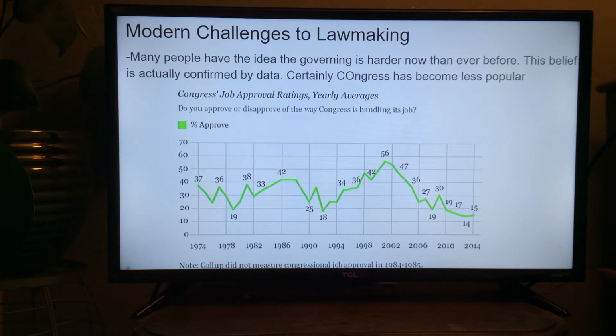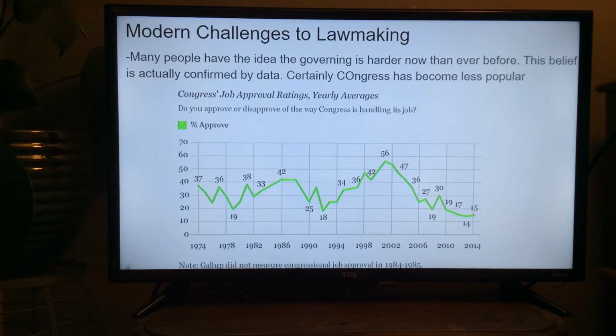It drops all the way down to 18% in the early 90s, then climbs up through the rest of the 90s. Actually, it looks like in 2000 it was 56%. I think maybe this is 2001, right after September 11th, when there's this brief moment of political unity. And then you see ever since it has not been a fun ride for Congress's popularity.